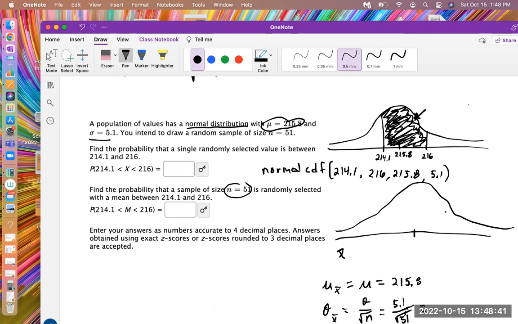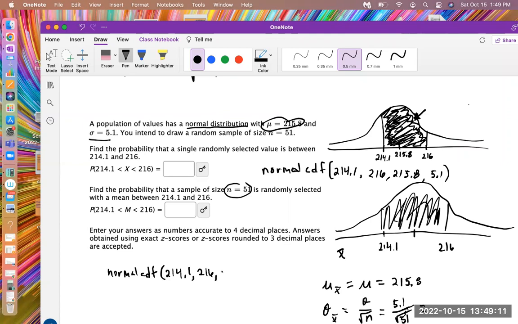So again, it's between 214.1 and 216. We're going to see if this area is larger or smaller than the one above. So to find that area, I need to do normal CDF since it is normally distributed. The lower bound again is 214.1 and the upper bound is 216.